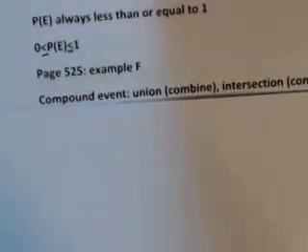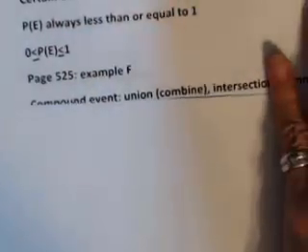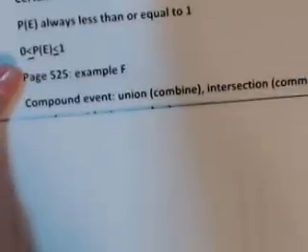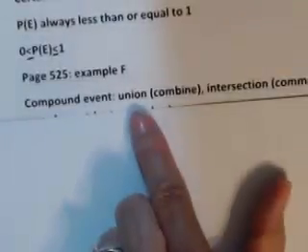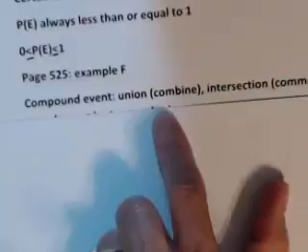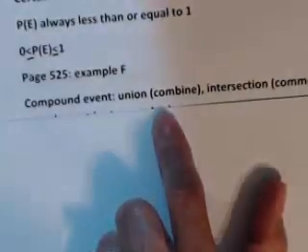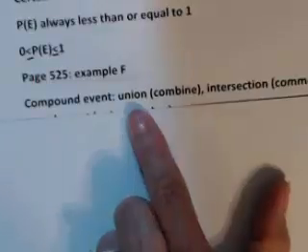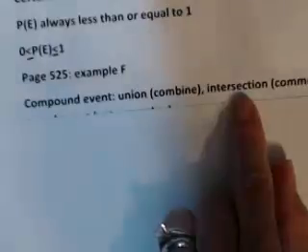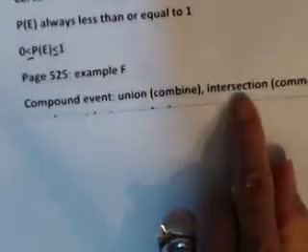Now, some terms that we need to talk about now. A compound event could be a union, where you combine them together, like I was doing with the colors, combining the blue and the orange. That would be a union. An intersection would be what do they have in common? So where is the overlapping part?